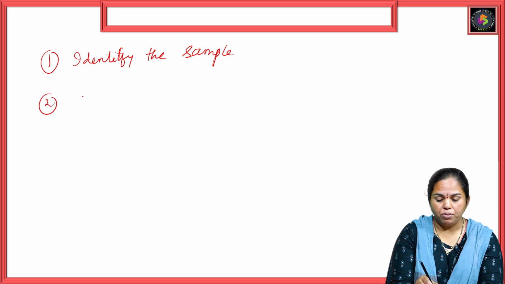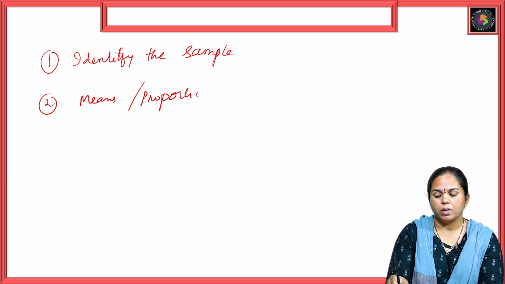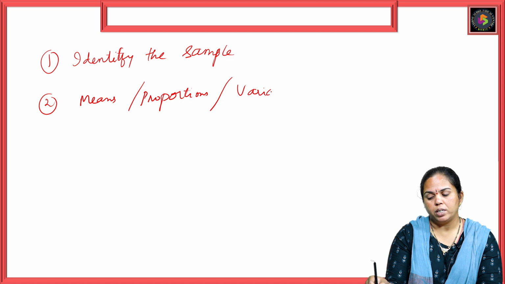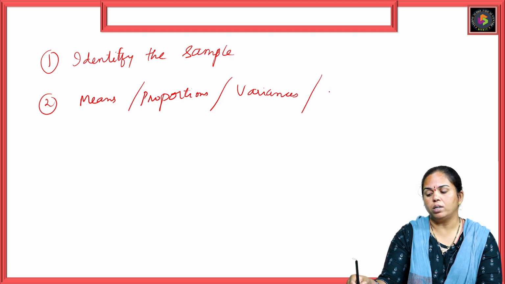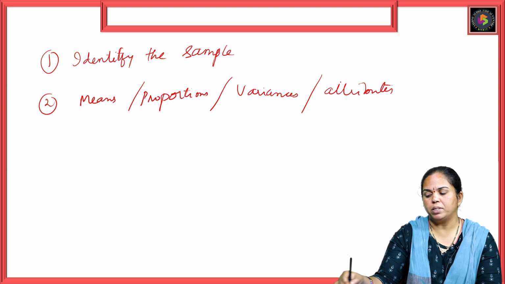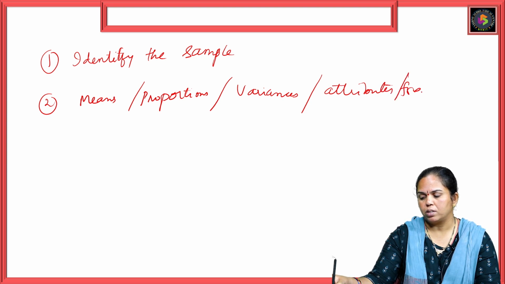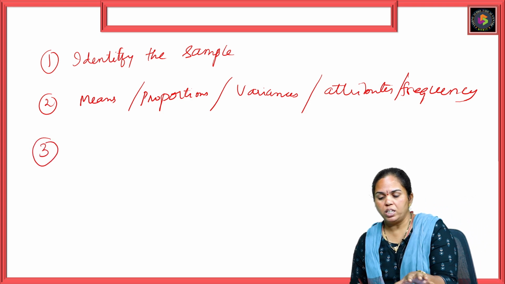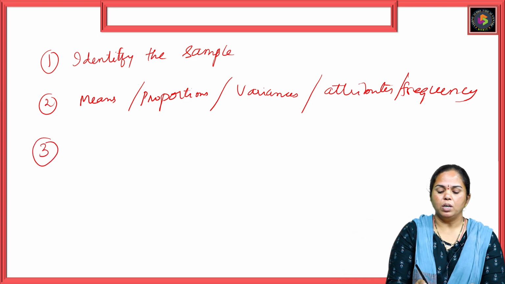Then observe whether means are given, proportions are given, variances are given, or attributes are given, that is, frequency. Depending upon these models, you use your test statistic.